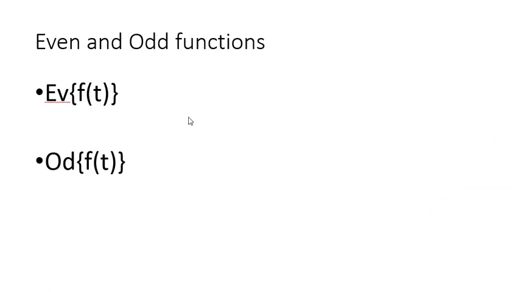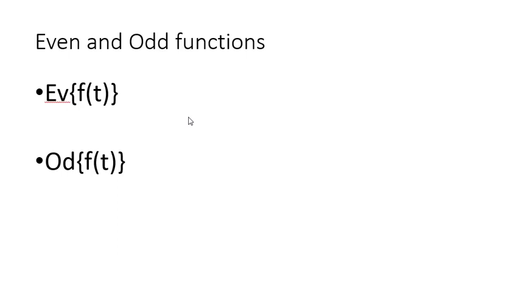Also, I really want you to make sure that you understood the concept of even and odd functions: a function is even when it's symmetric with respect to the y-axis, and it's odd when it's symmetric with respect to the origin.